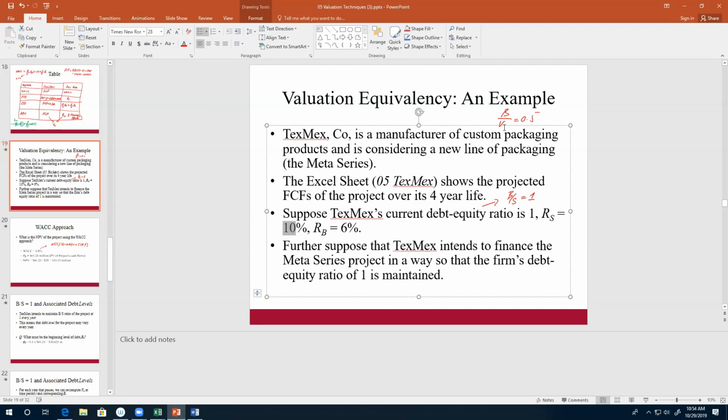However, if you recall, Modigliani and Miller basically said that if the firm is looking to maintain the same debt ratio, then R_S equals R_0 plus B over S times (R_0 minus R_B). This was Modigliani and Miller proposition number 2.